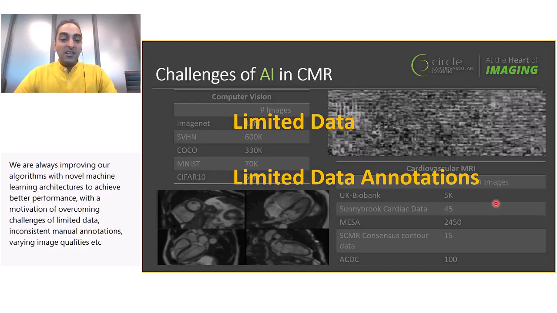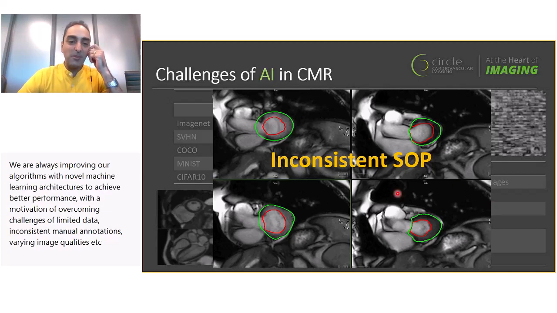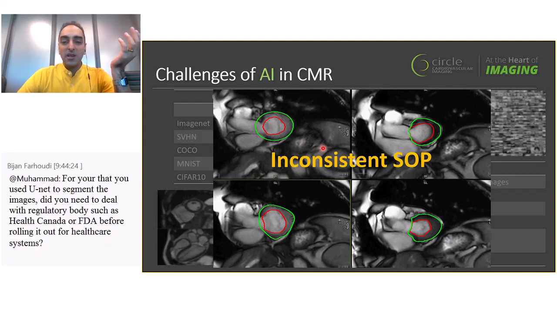Now, even if we have annotations, the problem with annotations is that there are different schools of thought when it comes to annotations. And what you're seeing here is 4 different ways of contouring a basal slice. And these inconsistencies are sometimes there purposely, right? Different institutions have different philosophies on how images should be contoured and how ejection fraction should be reported subject to these contouring, right?